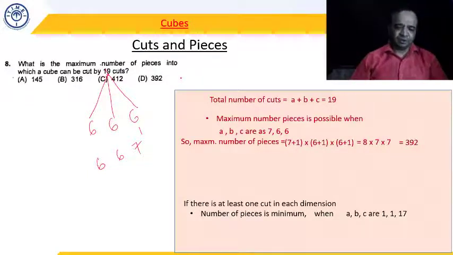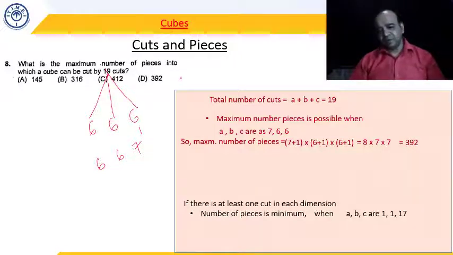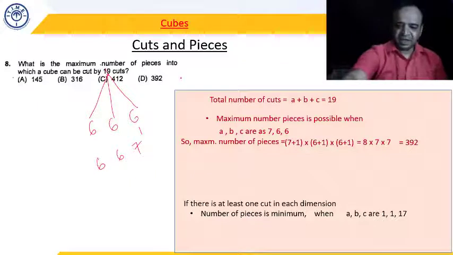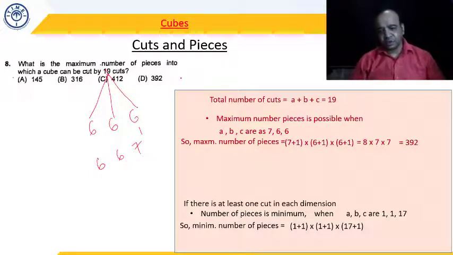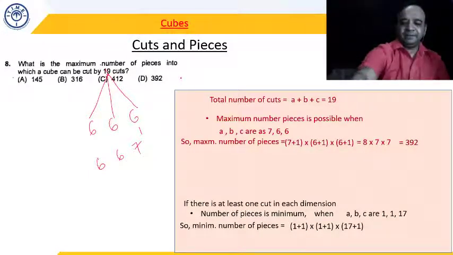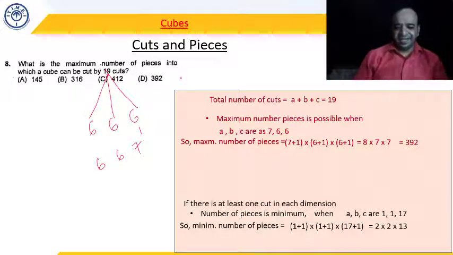Now the number of pieces can be obtained as how much? 1 plus 1 into 1 plus 1 into 17 plus 1. I hope this is clear. And that makes us 2 into 2 into 18. Okay, and 2 into 2 into 18 gives us here 72. So the total number of pieces is equal to 72.